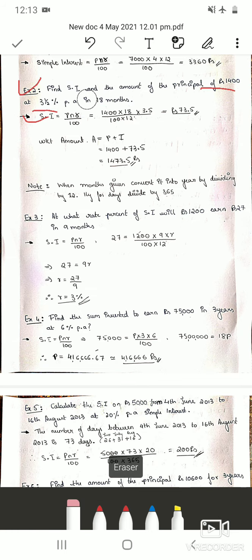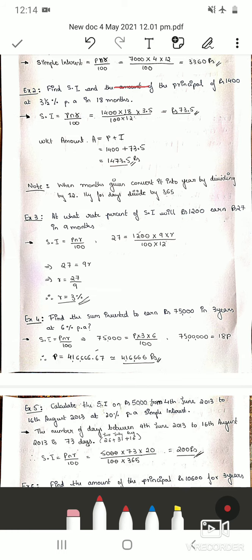With your calculators you will get simple interest as rupees 73.5. Here you can see the percent is given as a mixed fraction. I assume you know how to convert mixed fractions, so we have got it as 3.5 in this case. So now we have found simple interest, which is 73.5 rupees.